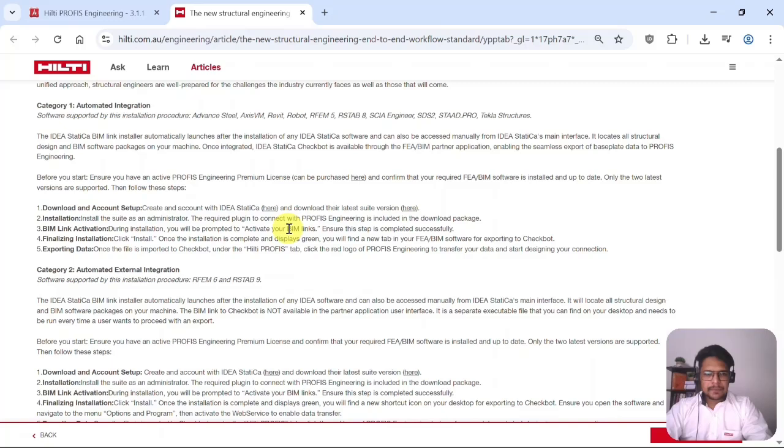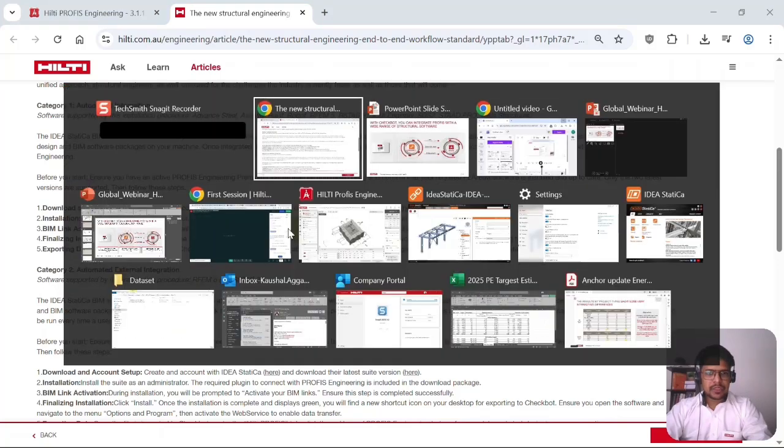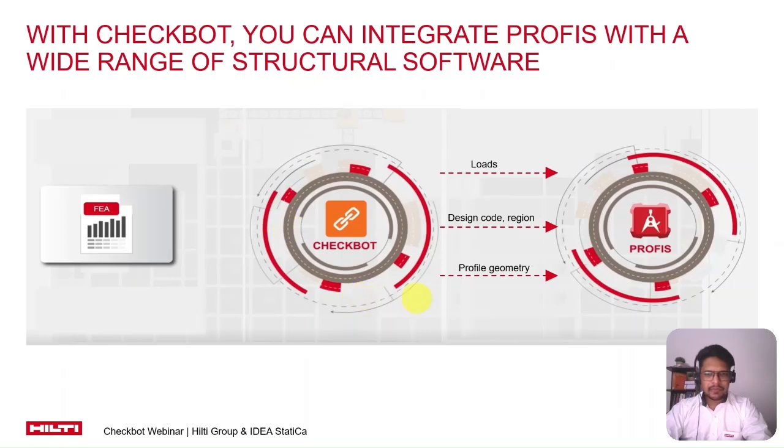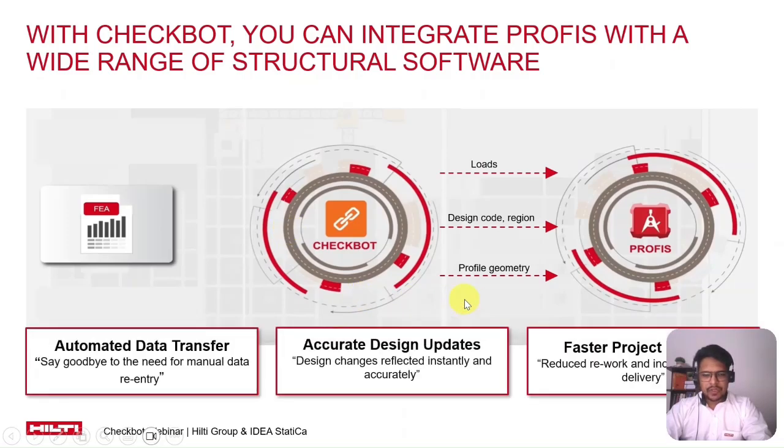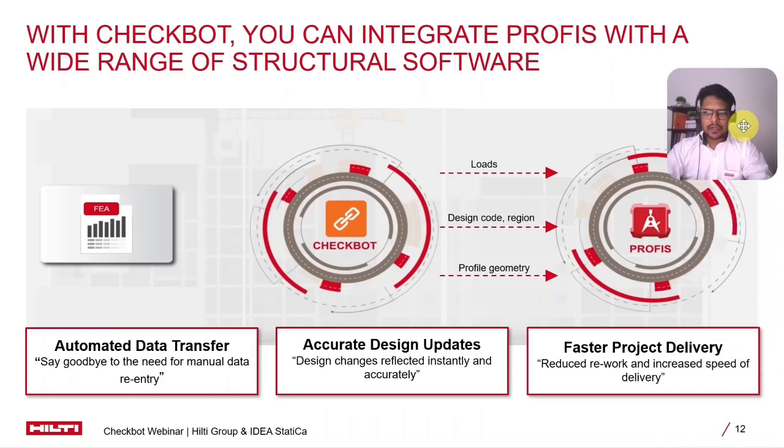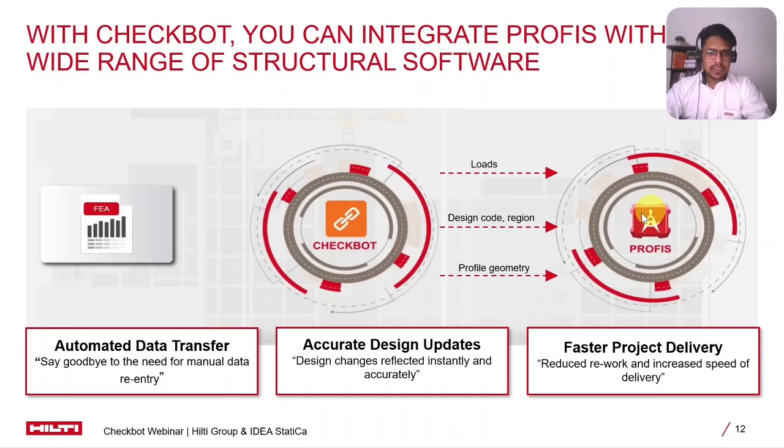And now is the time that I summarize all the discussions that we have had till now in this webinar. So let me push down to my slide deck again. Here we go. What we can see is that with the help of the checkbot, we can really automate the data transfer and eliminate the process of re-entering the same data manually. Apart from that, we also saw how we can handle revisions better.